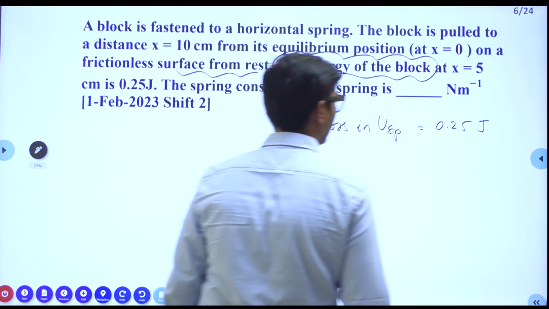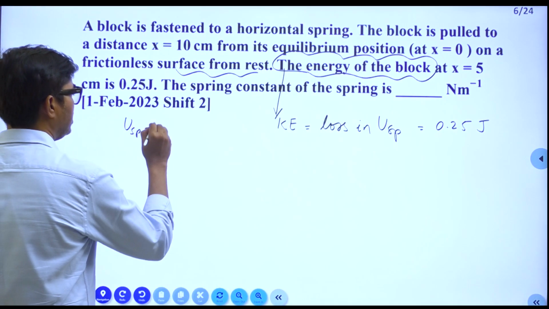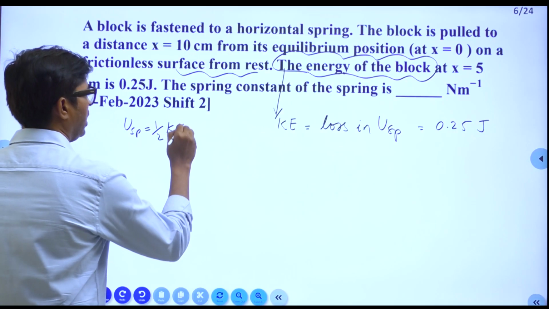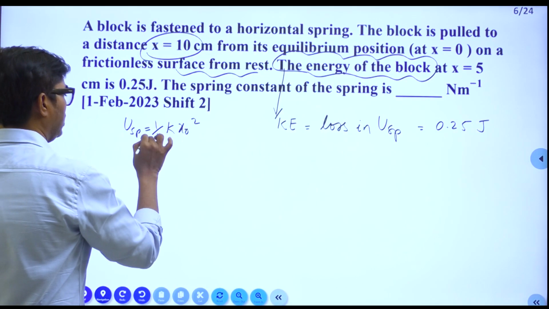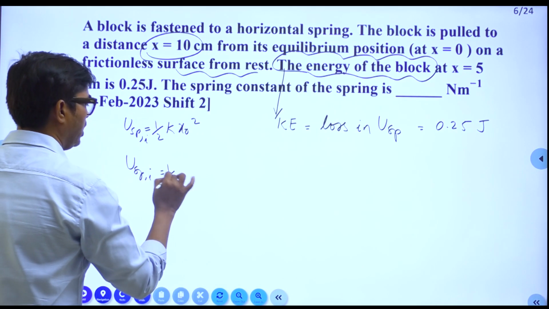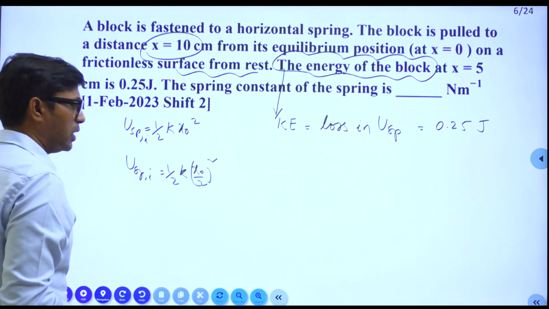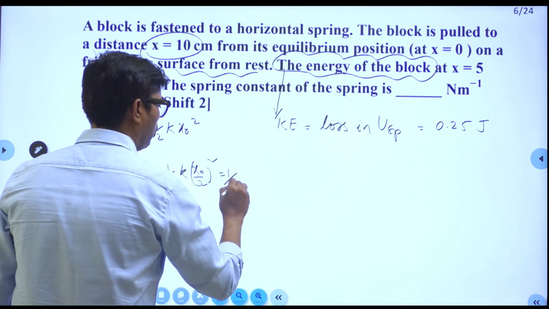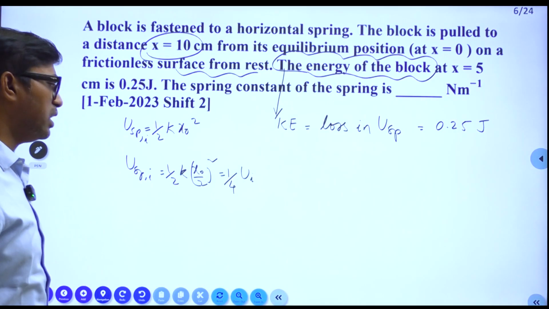0.25 joule. But what is spring energy? Initial spring energy is half k into x naught square. Let's say this is x naught, 10 centimeter. That is initial. And what is the final spring energy? You have half k into (x naught by 2) the whole square. That means it will be 1 by 4 times of the initial energy.